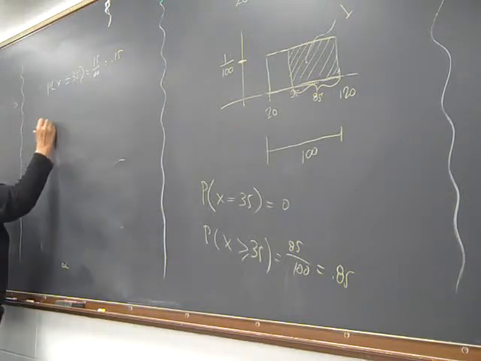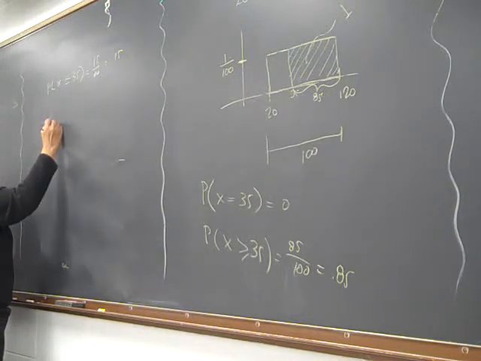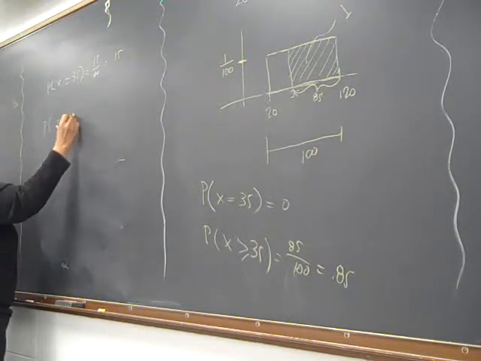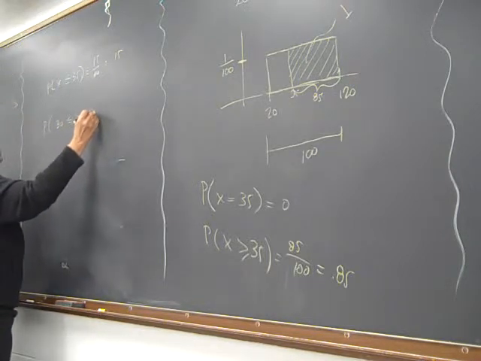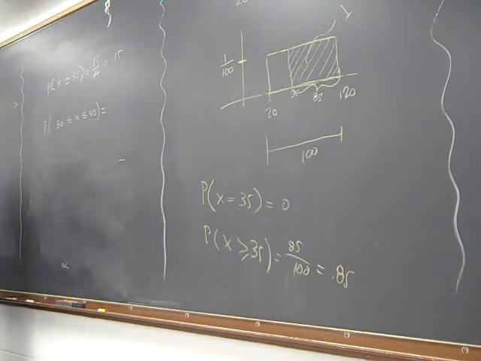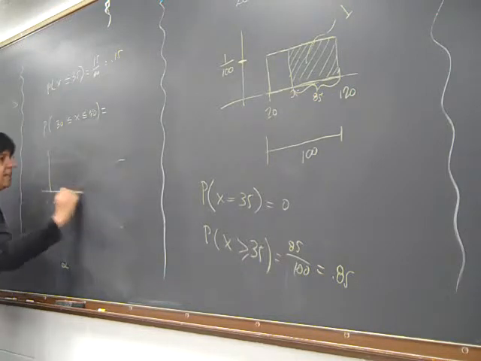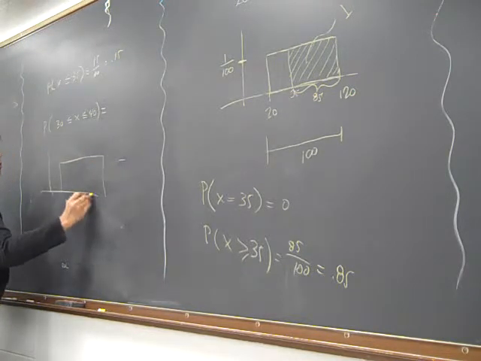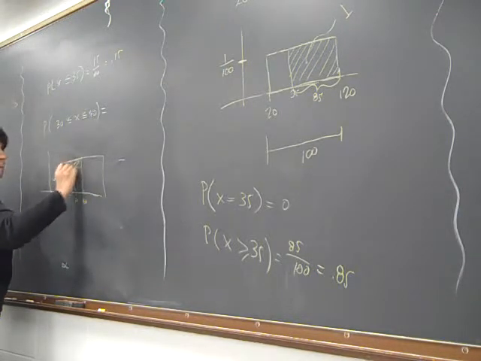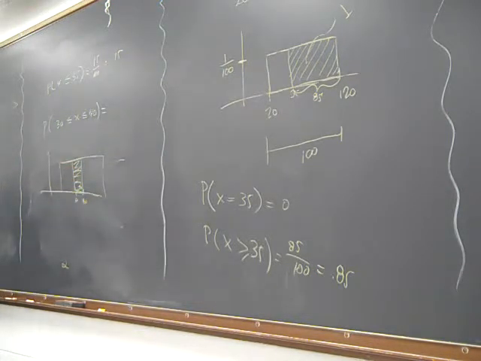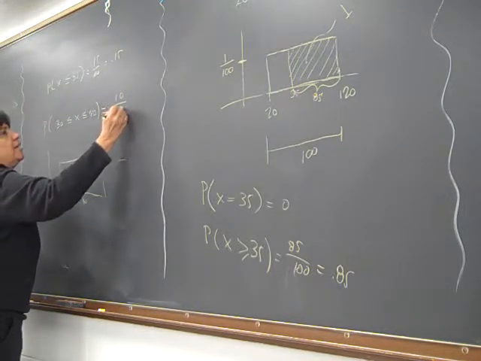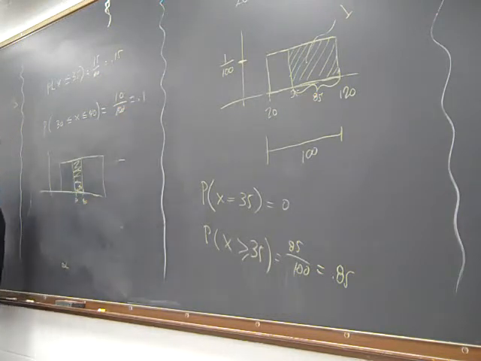What is the probability that my bill is between 30 and 40? I'm looking for that probability. So I need to know what is the base. The base is 10 divided by 100, which is equal to 0.1. You see?